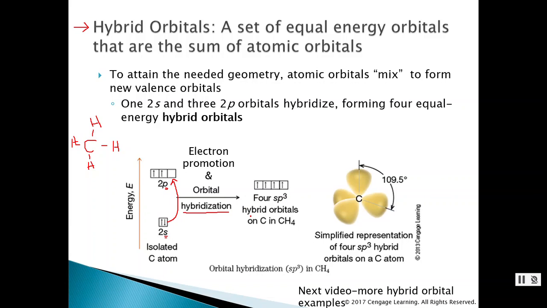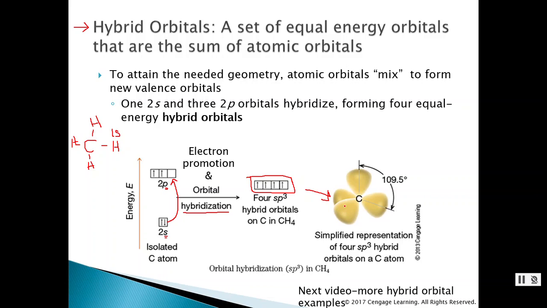And why would we want to do that? Well, now we have 4 orbitals that each have a single electron that are available for overlap with the hydrogen's 1s orbital to form a covalent bond. So these hybrid orbitals, which are shown in this cartoon, you see they have mostly p character, but they have a little s character as well.